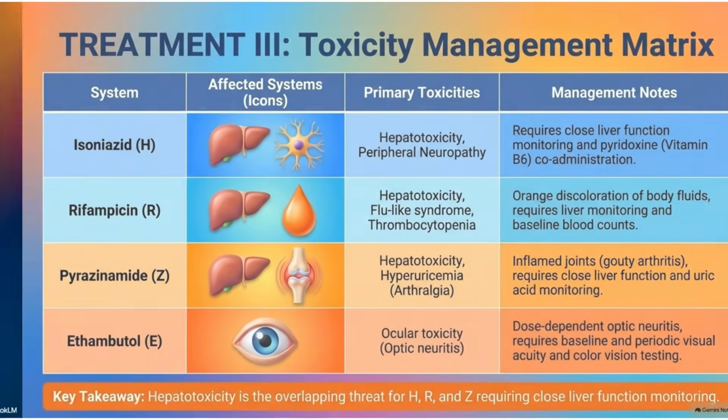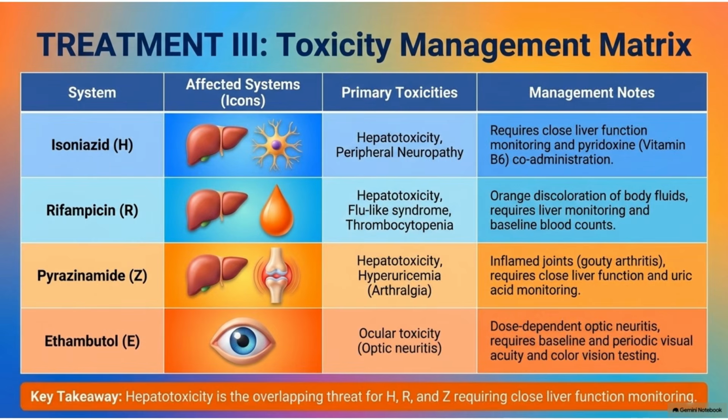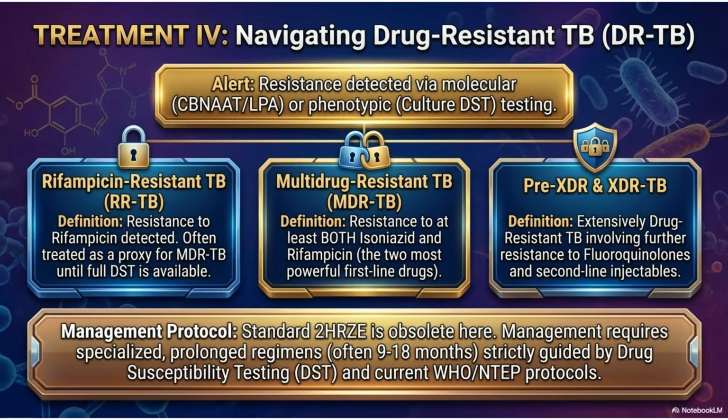Effective TB treatment requires careful management of drug toxicities. Medications like isoniazid, rifampicin, pyrazinamide, and ethambutol can cause side effects ranging from liver issues to visual disturbances. Regular monitoring is necessary to ensure patient safety and adherence throughout the therapy.